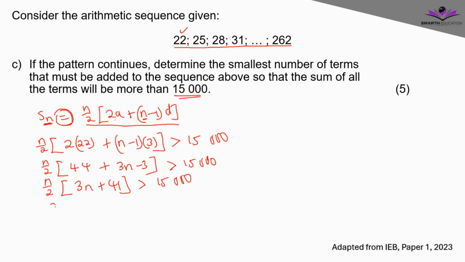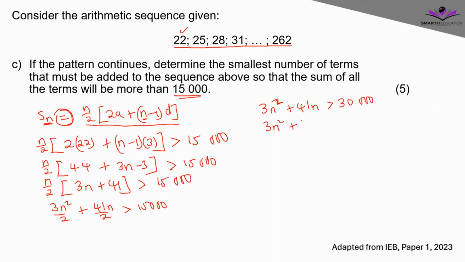What do we have? We have 3n squared over 2, then plus 41n over 2, greater than 15,000. Okay, now we can multiply everything by 2. What do we get? 3n squared plus 41n greater than 30,000. Alright, let's write this in standard form.